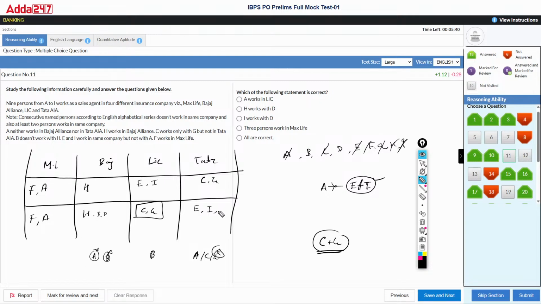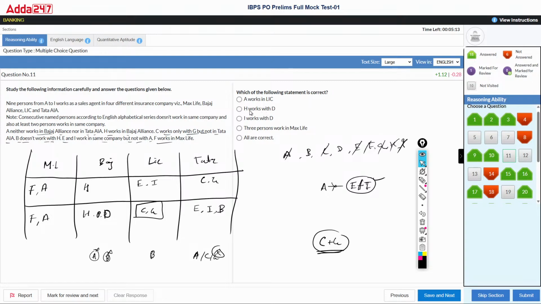Or B can be here also. A neither works in Bajaj nor in Tata. H works in Bajaj. C works only with G but not in Tata. B does not work with H. Okay, so B does not work with H. So only D here. E and I same company but not with A. A works in Max Life. Okay.